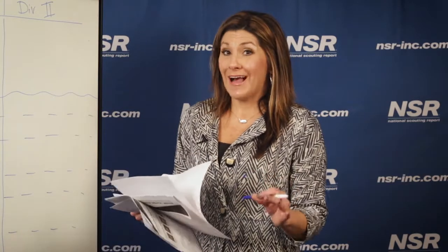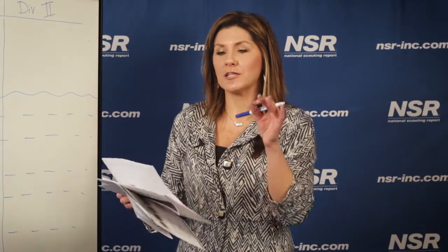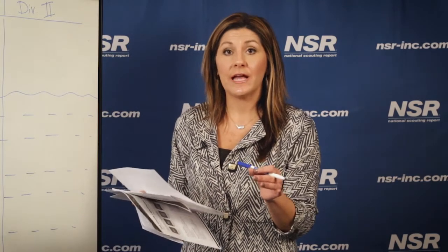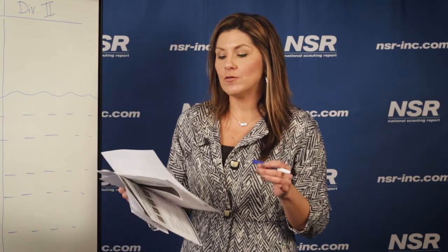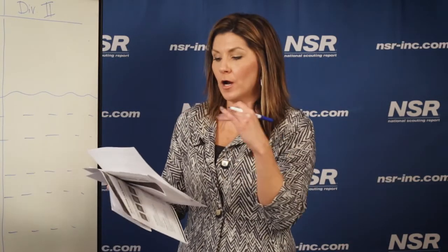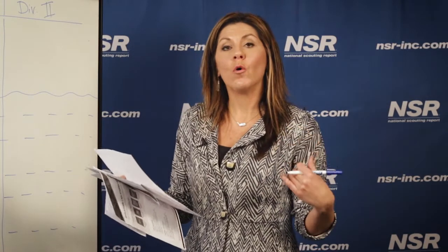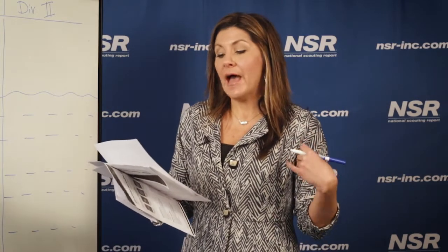Okay, so core classes. What are core classes? Core classes are specific classes that the NCAA recognizes and requires you to have in order to be eligible. Those are English, English 1 through 4, also American Lit and creative writing. Math would be algebra 1 through 3, geometry, and statistics.